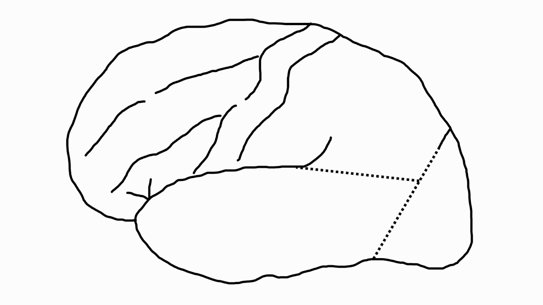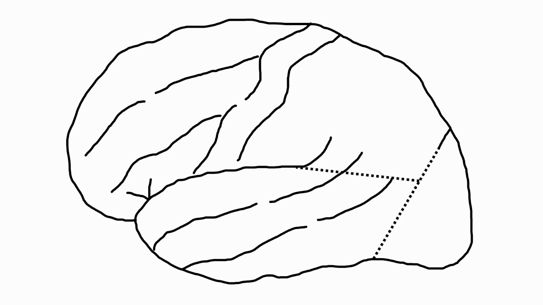Now, we will move on to see the major sulci and gyri on the temporal lobe of the cerebral hemisphere. This is the first sulcus, and just below that we have a parallel second sulcus in the temporal lobe.